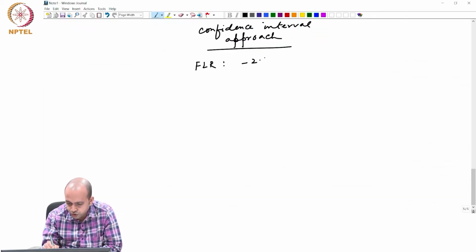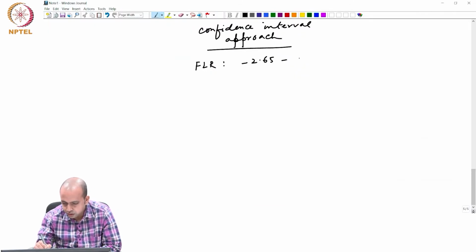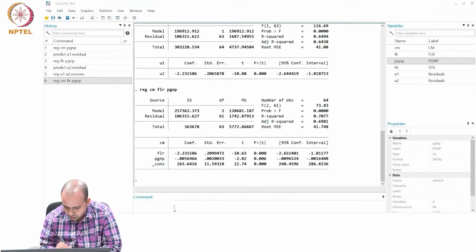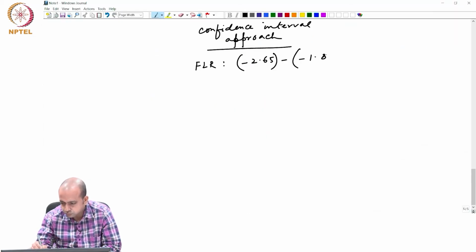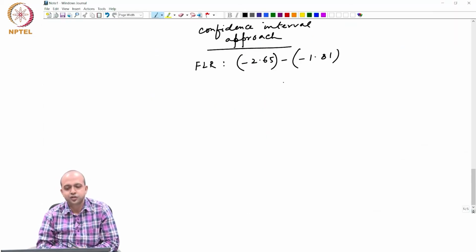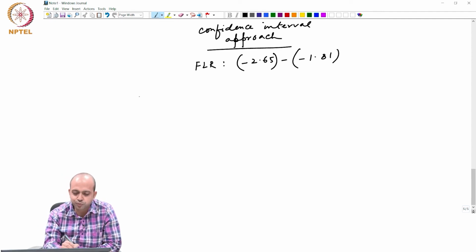Minus 2.65 to minus 1.81. So, we can easily understand this particular interval does not capture the hypothesized value of the population parameter.